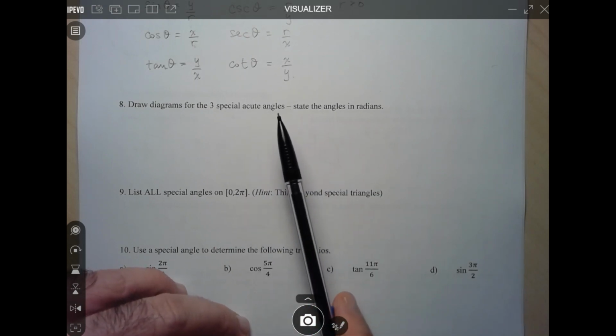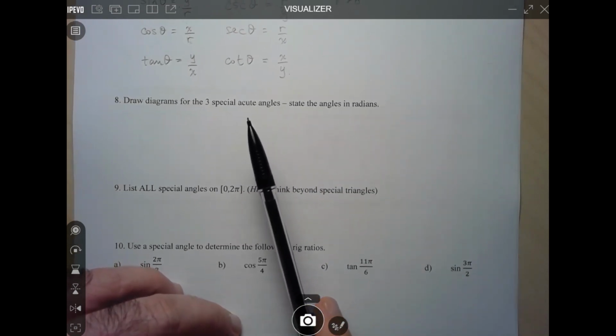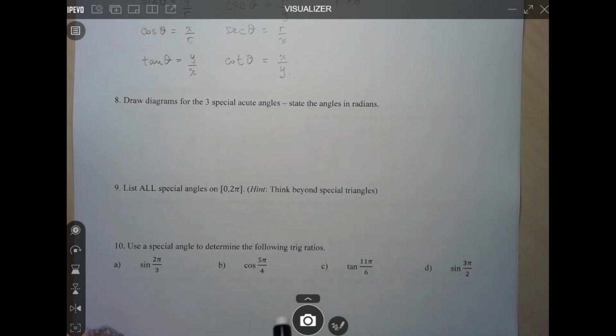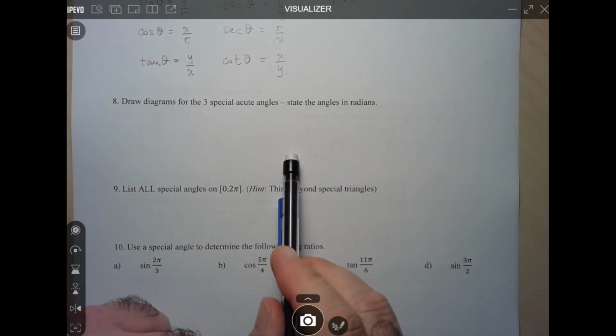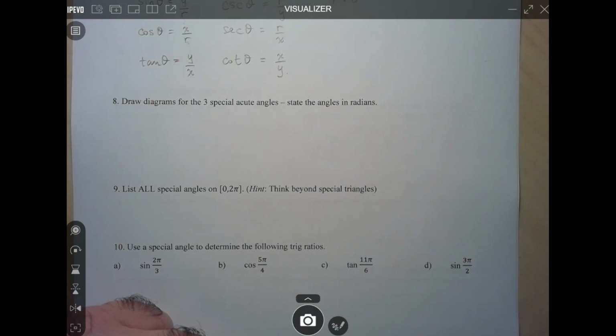There are other special angles, but I want you to focus on those 3 acute ones. So I'd like you to draw diagrams for those, but of course I don't want you to give me the diagram and the relationship in terms of degrees. I want you to think about what that would be in radians. So take a couple of minutes and recall those 3 special triangles.